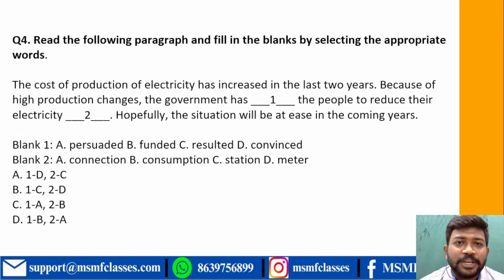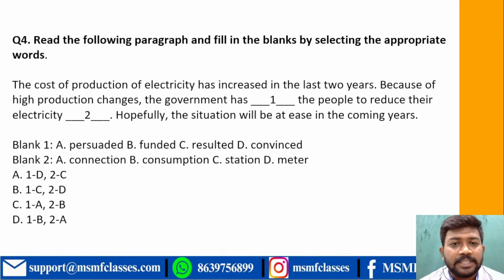Now read the following paragraph and fill in the blanks by selecting the appropriate words. Whenever you get this type of question, first of all, you must go through the meanings of what they have given. So let me tell you the meanings of these, then you try to give the answers. Blank one, option A, persuaded. Persuade means to encourage someone.